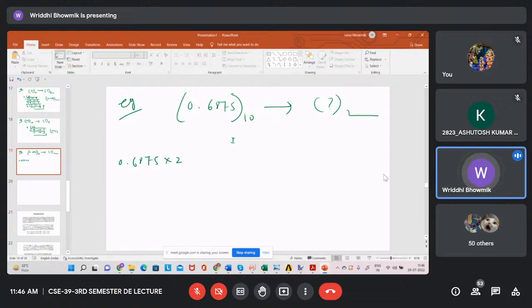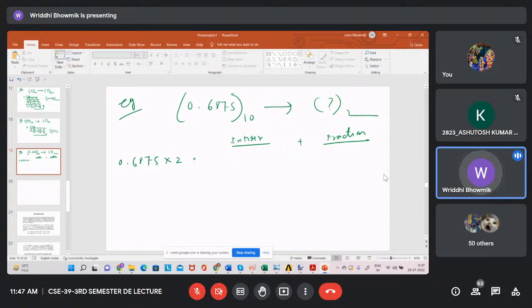Then you will have one integer part and you will have a fraction part. Okay. So you have to continue this process until the fraction part will be 0 or until you can achieve the better accuracy. So here you will not do the division. Here you will go for the multiplication, multiply by base 2.